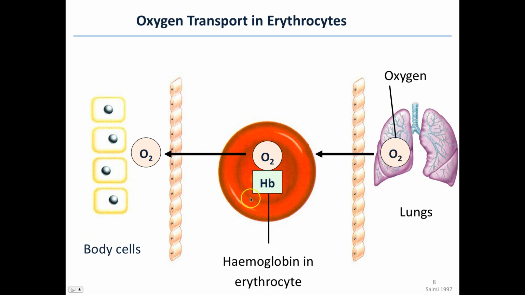The oxygen is being bound or is attaching to the hemoglobin. The red blood cell then flows to a region of the body where oxygen concentration is low. So this could be any body region or muscle tissue. At this point, the hemoglobin will give up the oxygen, which diffuses into the body cells, and then the red blood cell returns to the lungs for reoxygenation of its surface.